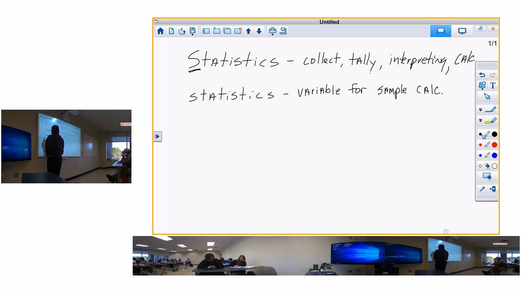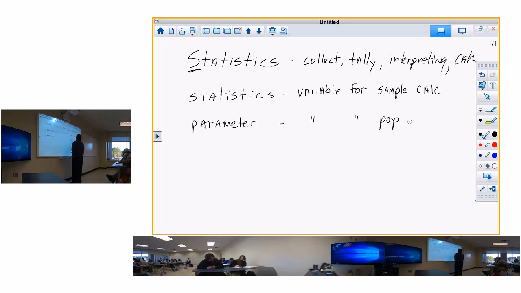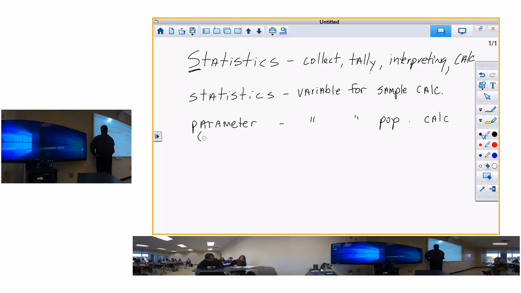Whereas a parameter is the variable for the population calculation. Okay? Parameter is usually in Greek letters, and statistics is usually in regular letters.